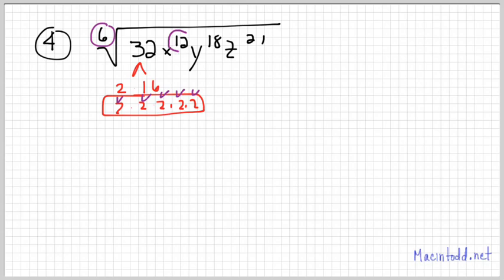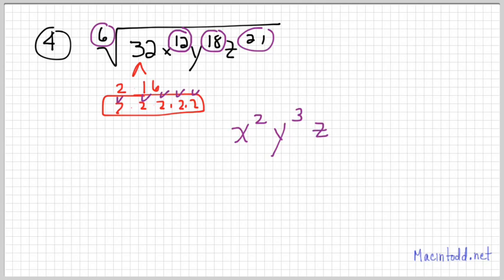Now I work on my variables. 12 is divisible by 6, 2 times, 18 divisible by 6, 3, 21 divided by 6, no, it doesn't go in there evenly. And so when I bring out the stuff, I'm going to have an x to the 6th. 12 divided by 6 is 2, so x to the 2nd. I'll have a y to the 3rd, 18 divided by 6.